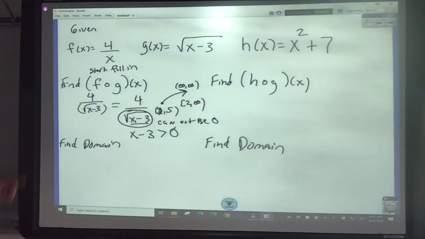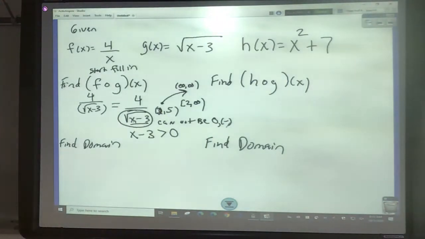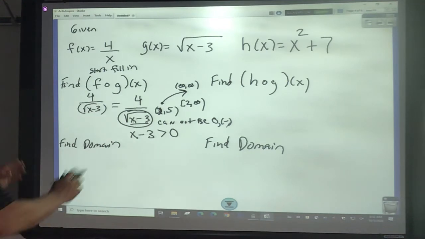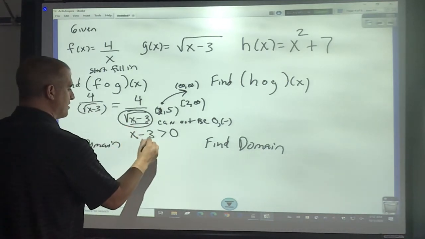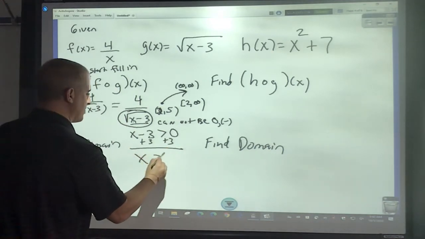Cannot be 0, and it can't be negative. I probably should have said that too. So the only way something cannot be 0 and negative, it's got to be positive. So this would be the best example of that. So if I do plus 3, I've got x is greater than 3.